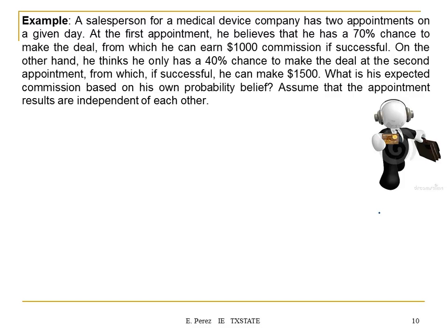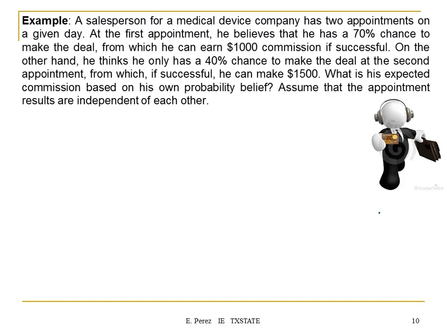So one hint, you need to find the 4 outcomes. There's 4 outcomes for this problem. Just find those 4 outcomes and find the mean. So what are the 4 things that can happen?